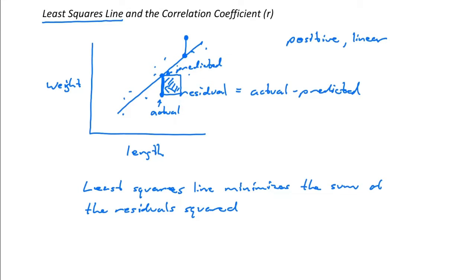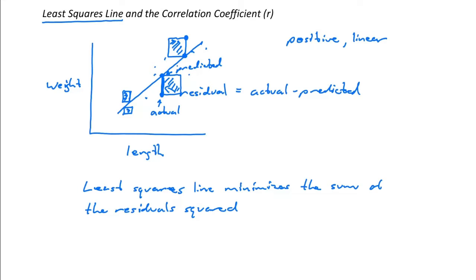And if I do that for all of the points, the idea then is if I add all of those areas together, that gives me a value, right? I've got the sum of those squares.